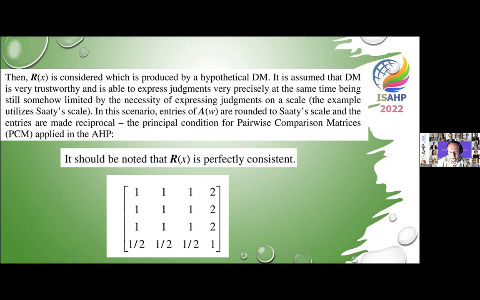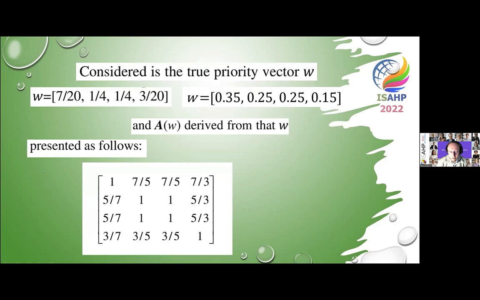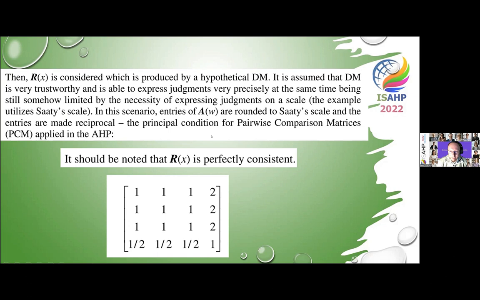This scenario assumes the Saaty scale is used, and that the entries of the previous pairwise comparison matrix are rounded to the scale, and then made reciprocal, which is the principal condition for each pairwise comparison matrix applied in the AHP process.